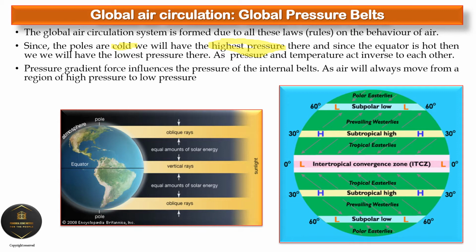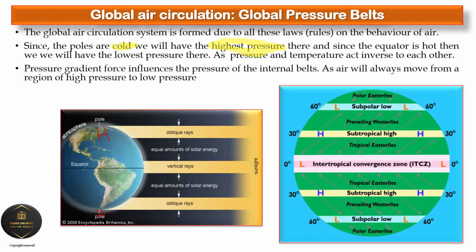So since the poles will get oblique rays, or skewed rays, from the sun, it means they will have the lowest temperatures. And when temperatures are lower, we tend to have what? We tend to have the highest pressure over there. So at the poles, we'll have the highest pressure.